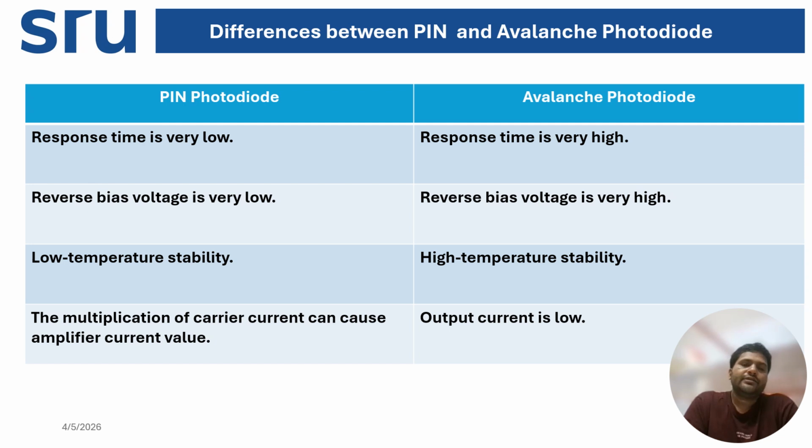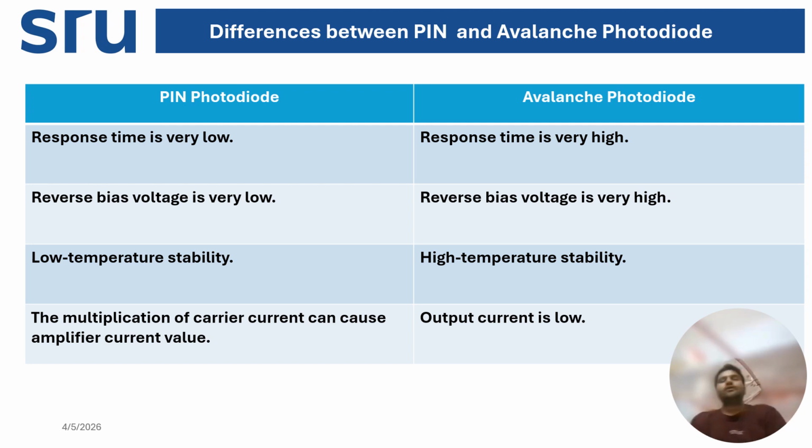The PIN photodiode has low temperature stability, but the avalanche photodiode has high temperature stability. The multiplication of carrier current amplifies the current value, whereas the output current of the PIN photodiode is low in comparison.